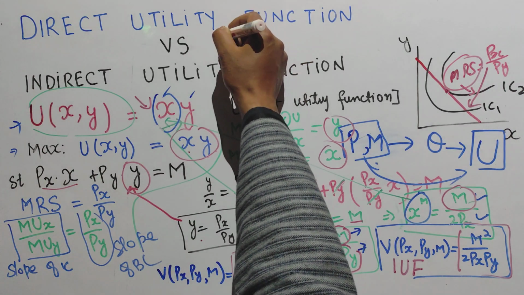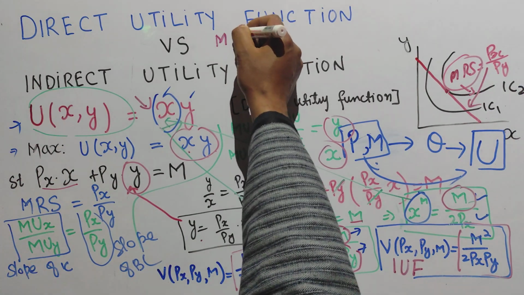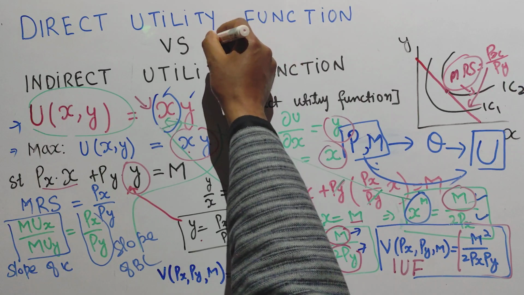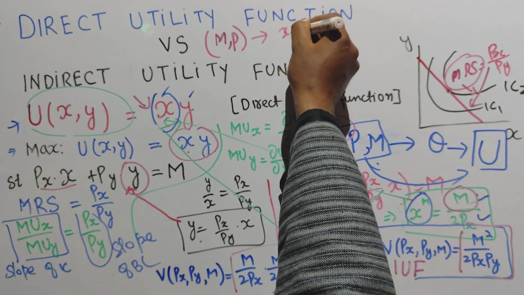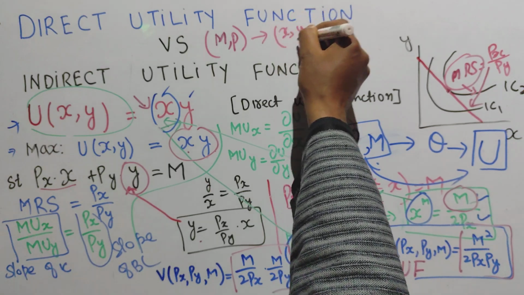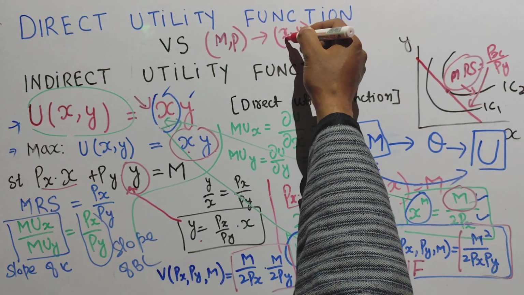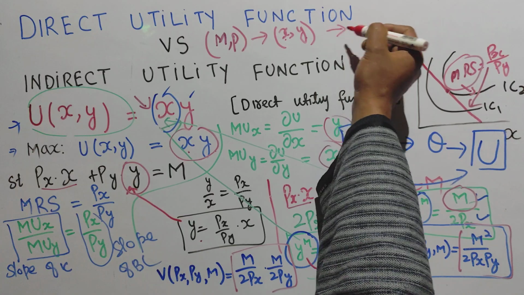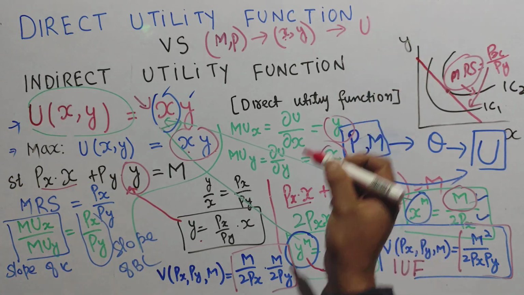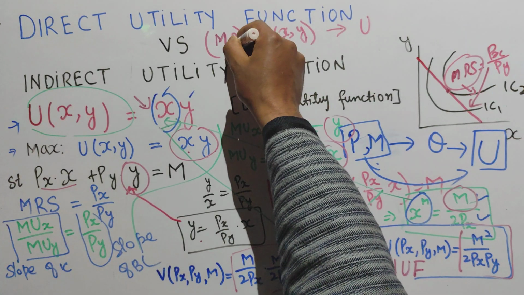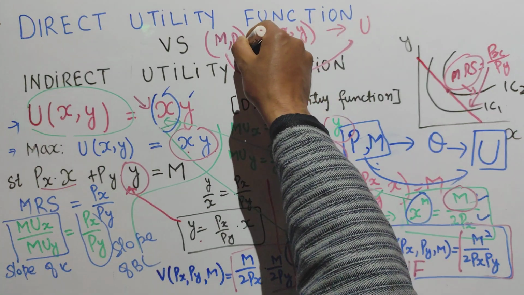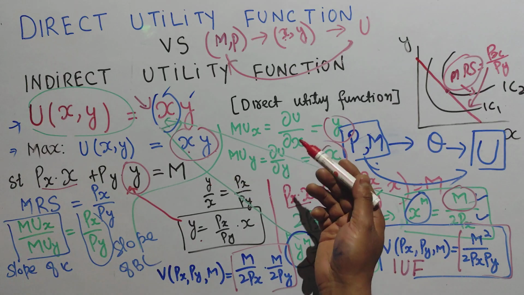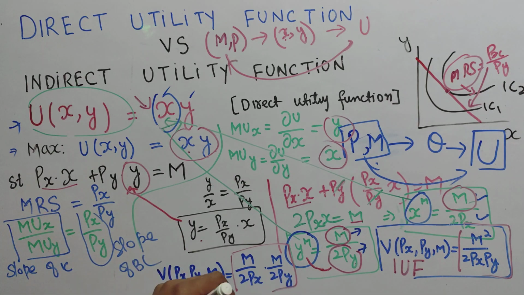Income and prices determine the quantities of good X and Y, and these quantities of good X and Y in fact determine our utility. That simply means that utility indirectly depends upon the income and the prices. That is what we call the indirect utility function.